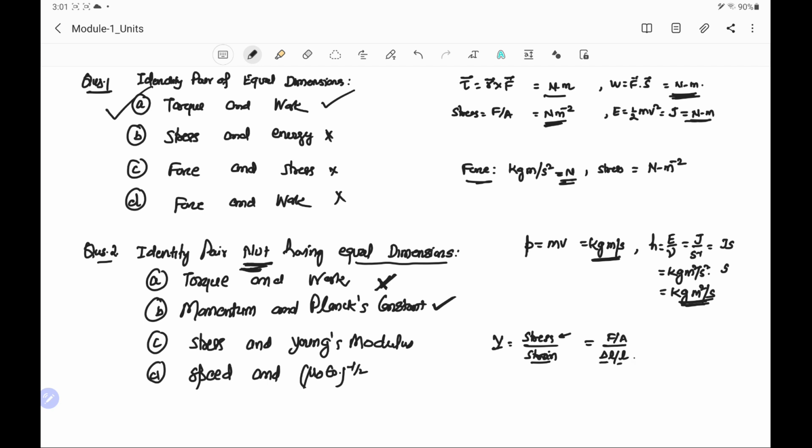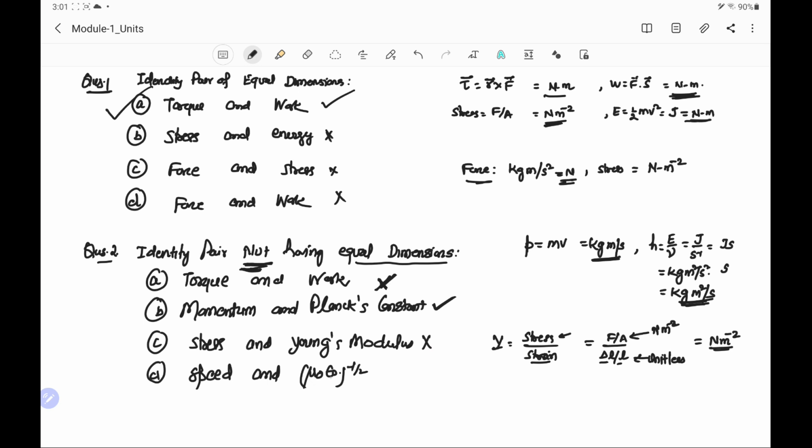Because it is length by length, it is unitless. Strain has no unit. And stress has the unit Newton per meter square. So we can say the unit of Young modulus is also Newton per meter square. So stress and Young modulus will have the same units. So as per the given question, this is the wrong option.